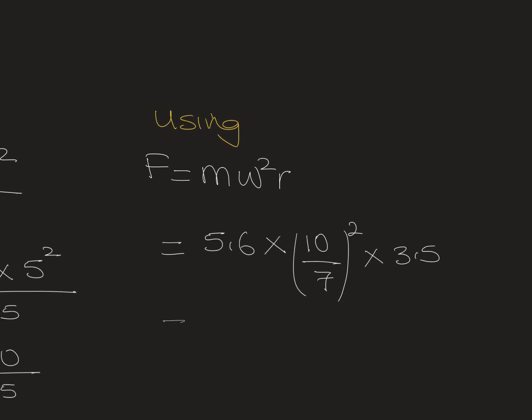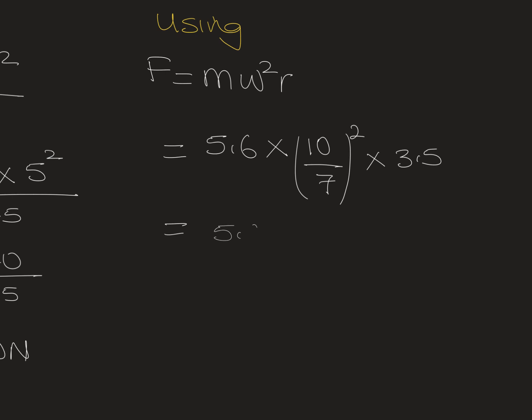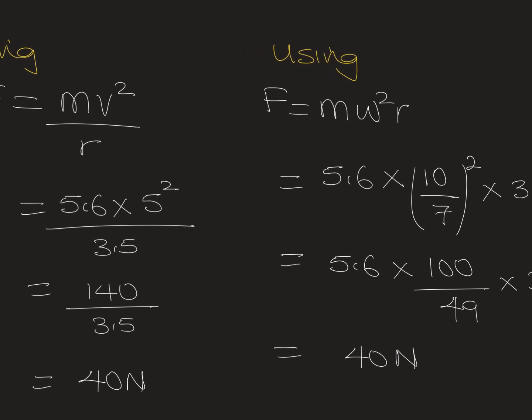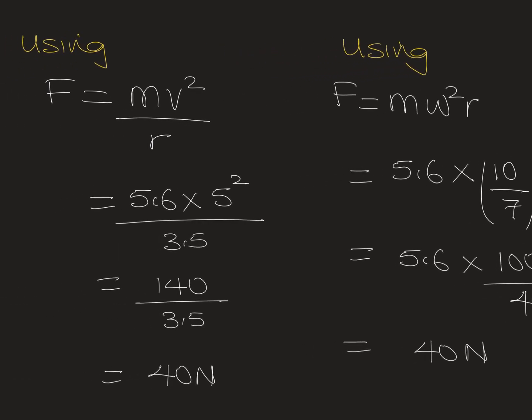So that will be 5.6 times 10 square, which is 100, divided by 7 square, which is 49, then times 3.5. So you will still have 40 newtons if you make that calculation out. Okay, so you see, you get the same answers.